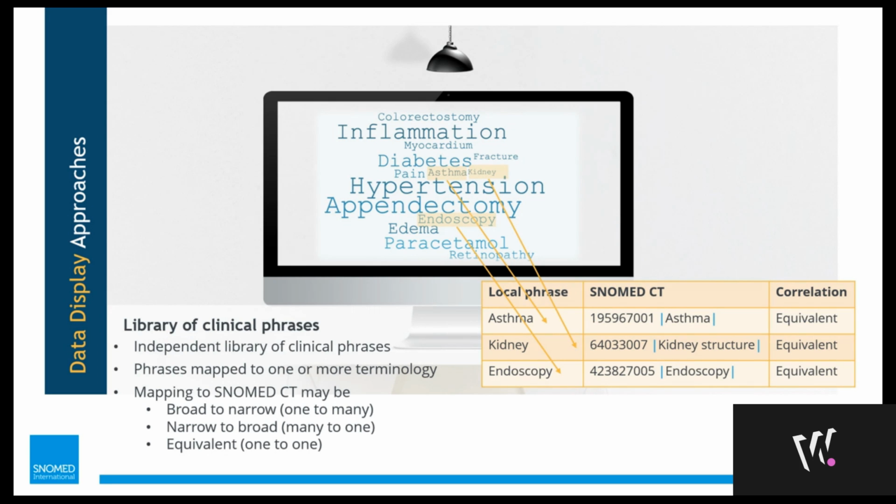The mappings to SNOMED CT may be either broad to narrow for one-to-many maps, or narrow to broad for many-to-one maps, or equivalent for one-to-one maps. And as you can probably imagine, the ideal situation is to find equivalent one-to-one maps, because this ensures that the complete meaning is captured by the SNOMED CT concept, and therefore queries performed over the resulting SNOMED CT concepts are as accurate as possible.